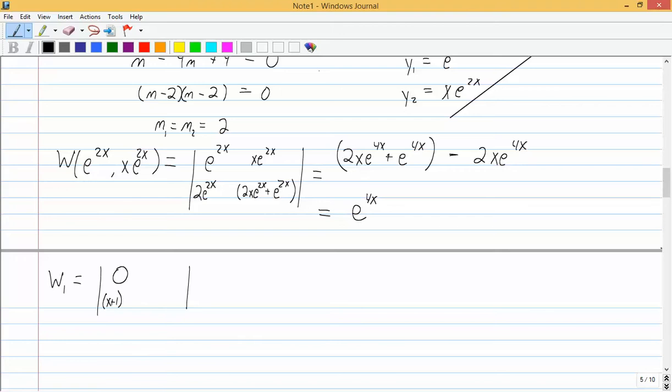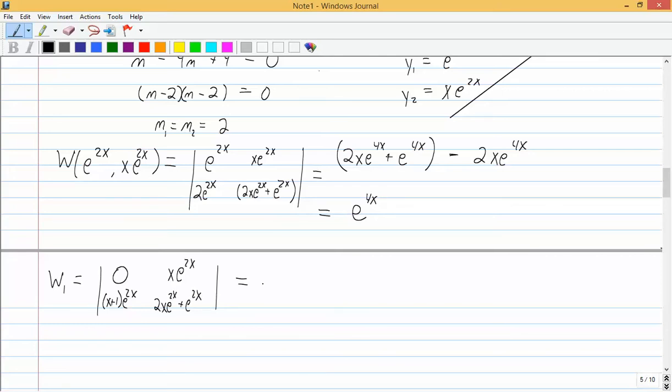That's x plus 1 times e to the 2x. Okay. Now this is y sub 2 and y sub 2 prime. The next column, y sub 2 is x e to the 2x. Y sub 2 prime is 2x e to the 2x plus e to the 2x.